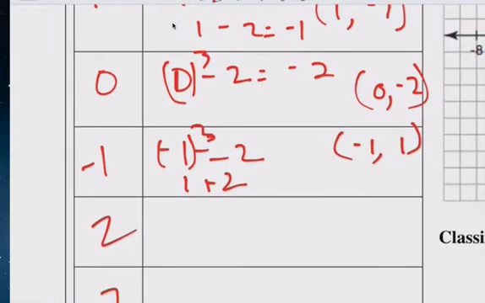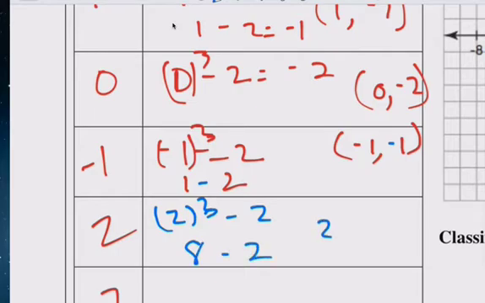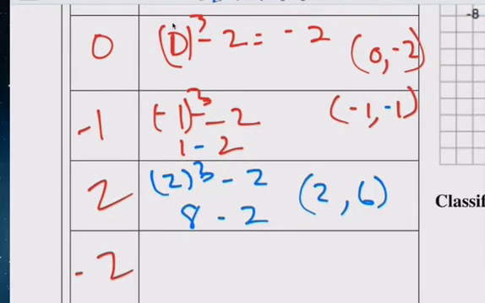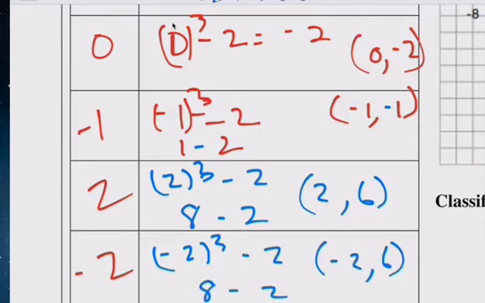I'm following this. Okay. Here you get 2 cubed minus 2. That's 8 minus 2, it's 6. So the ordered pair is 2, 6. Okay. Negative 2 cubed minus 2. That's 8 minus 2. So negative 2 is also 6.